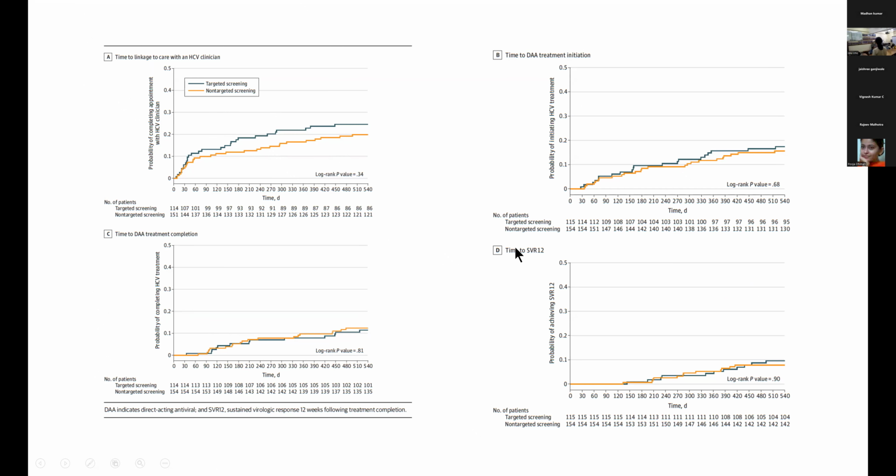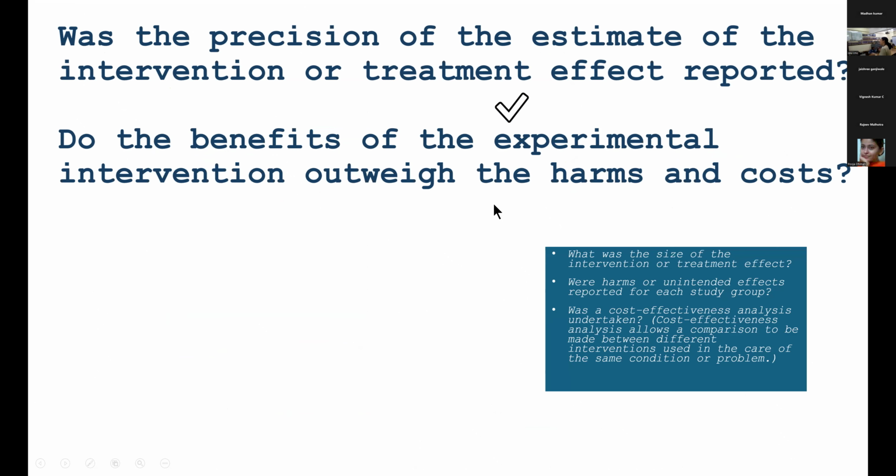They looked at time to treatment initiation, time to treatment completion, time to sustained virological response. Again, as you can see, based on the log rank tests, none of this was statistically significant. Was there precision? Was there confidence intervals? Yes, for every single outcome, they had mentioned the confidence intervals.